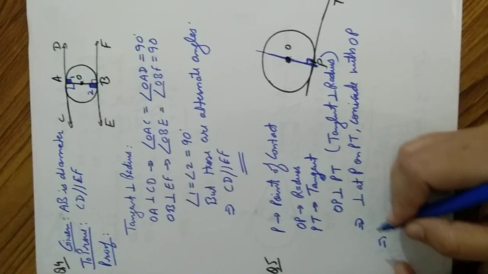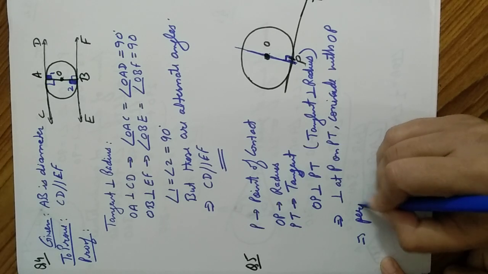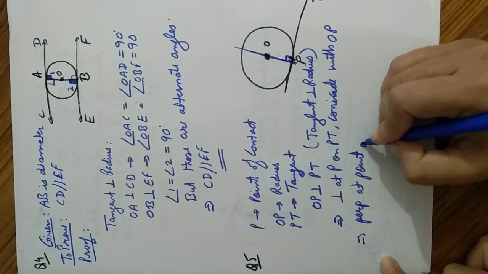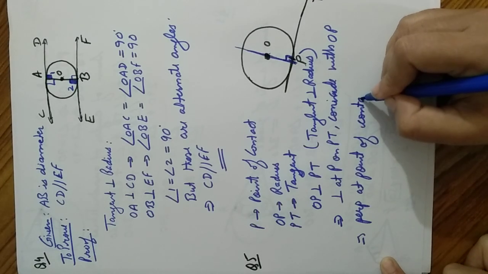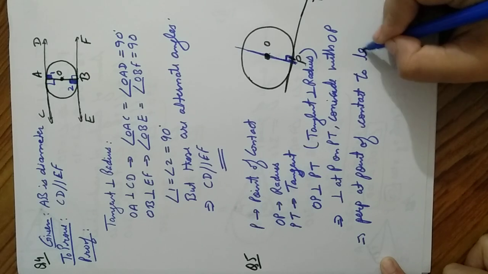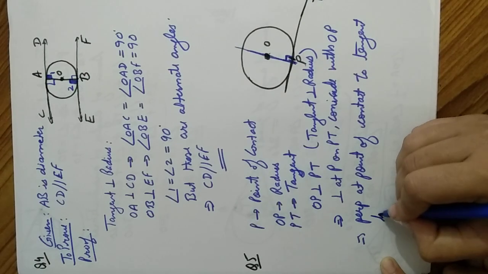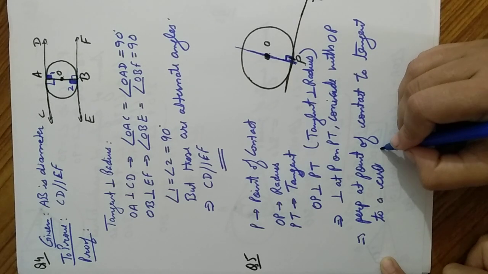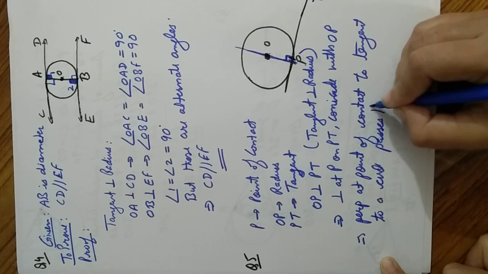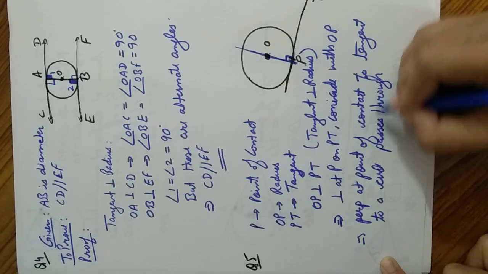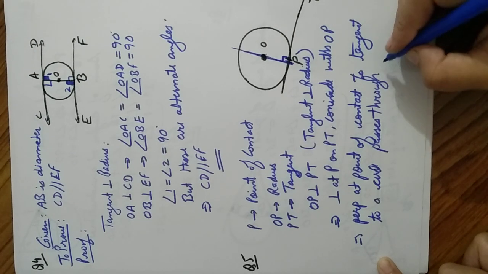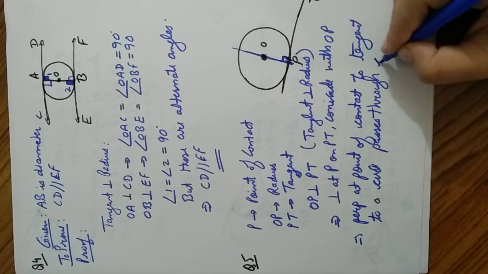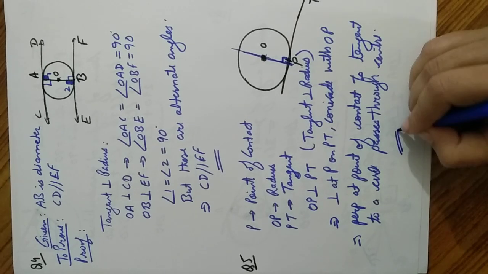So this implies that the perpendicular at the point of contact to the tangent to a circle passes through the center. So this is the result.